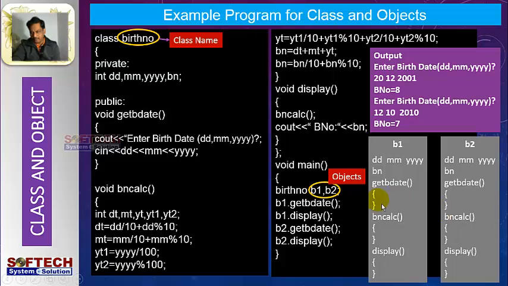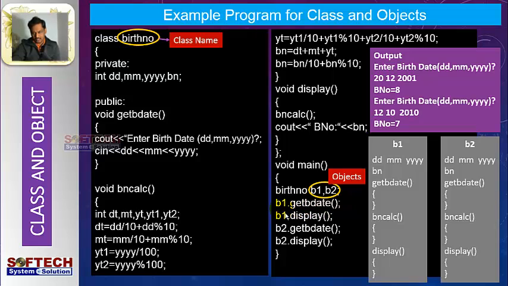These statements are available within this function. So it takes a copy of all members of birth number. B1 is a Xerox copy of birth number. B2 is another Xerox copy of birth number. So B2 also consists of 4 data members and 3 member functions. So in the first line, B1 and B2 are objects, and each object takes a copy of all members of the birth number class.